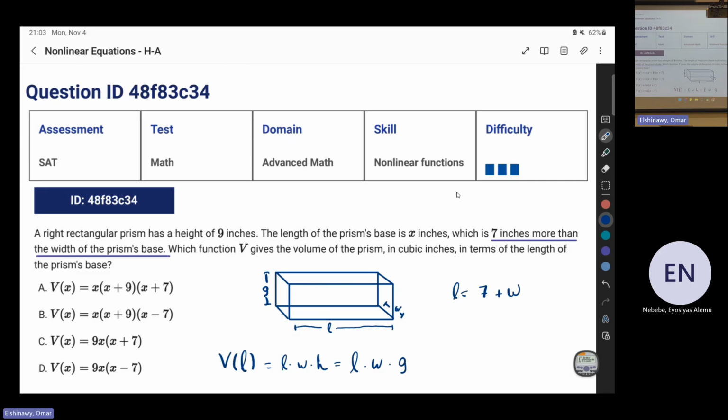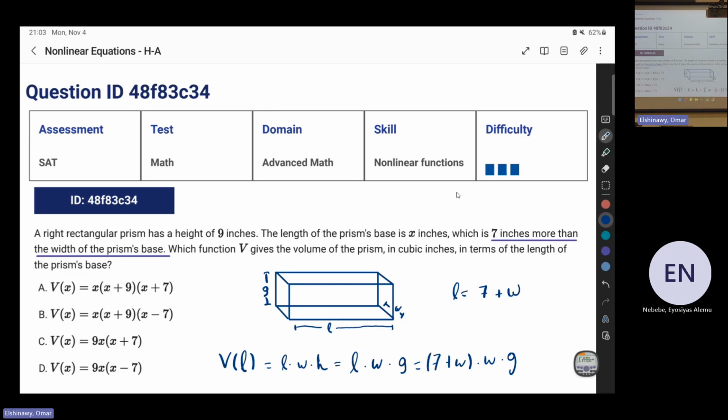Plug in length, then. Let's see. So is this what you want to do? You want to put 7 plus W times W. But let me ask you a question. Is this a function of the length?